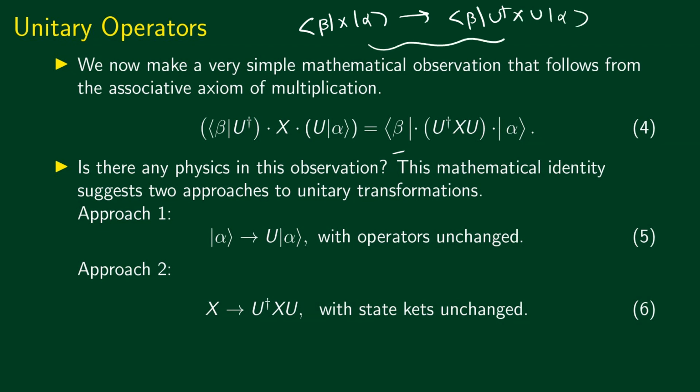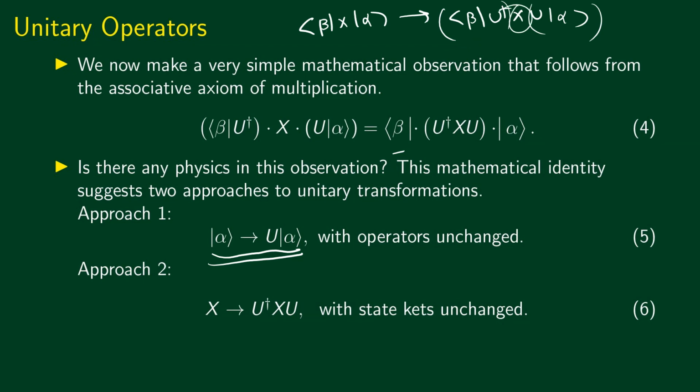can be interpreted, or this mathematical relation can be interpreted, in two ways. In the first approach, which is the approach that we have been using, we can say that the state kets actually change under this unitary transformation, and the operators remain unchanged. In that case, we put the brackets here. The states change and the operators remain unchanged. The X operator is unchanged.